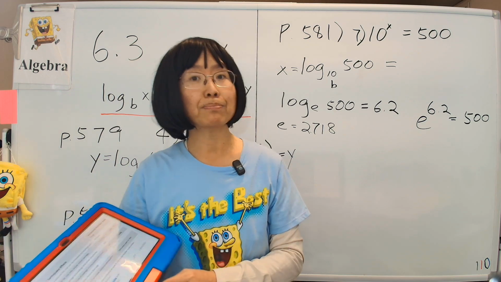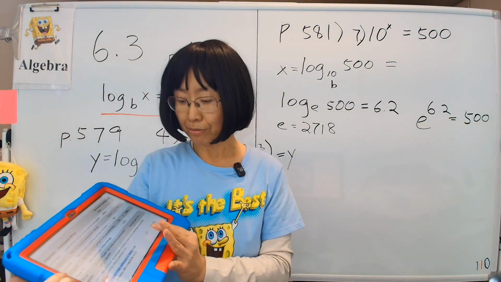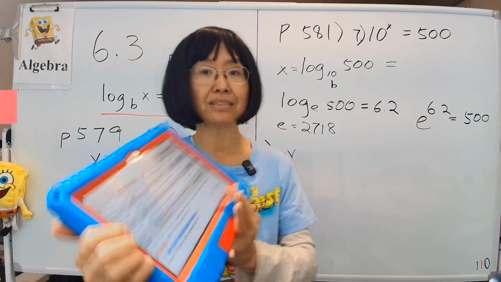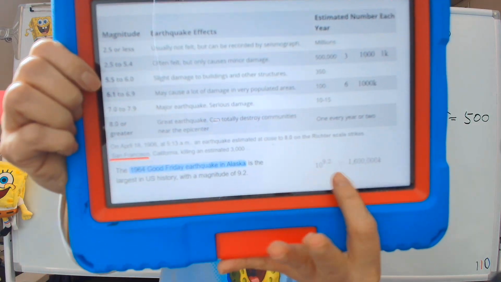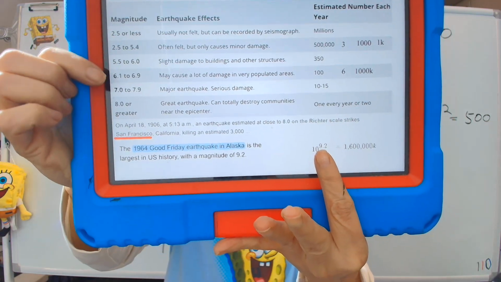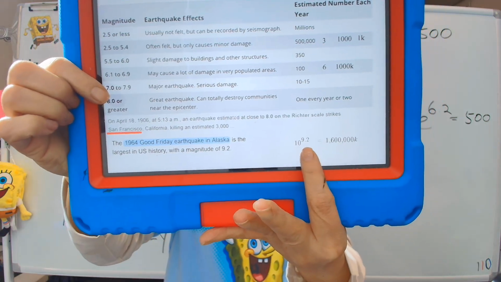And that also explains why the earthquake scale is done this way, because by 9.2 it is a million times stronger. So instead of talking about numbers in the millions, we simply give a number of how many zeros, basically, we're talking about.